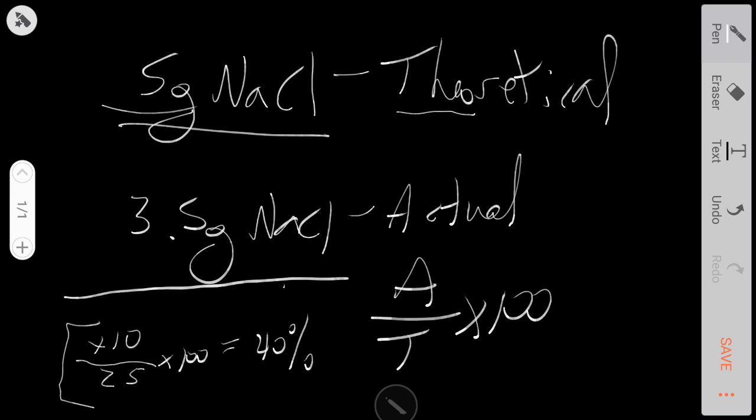But back to my problem here. I have actual divided by theoretical times 100. So I have 3.5 divided by 5 times 100. Your percent yield here should be, let's see here. 3.5 divided by 5 equals 70%.